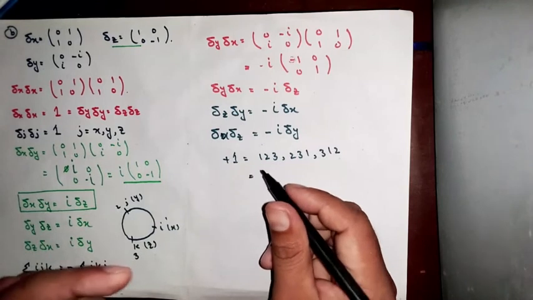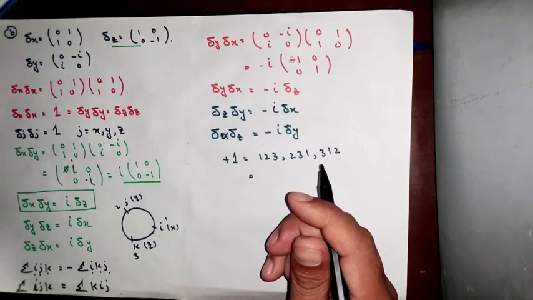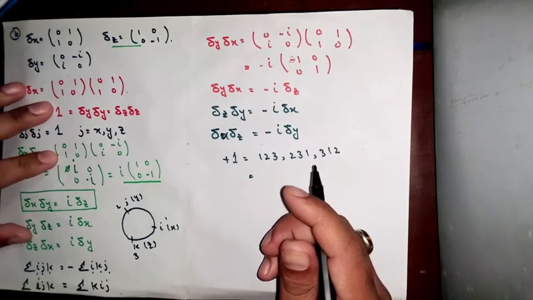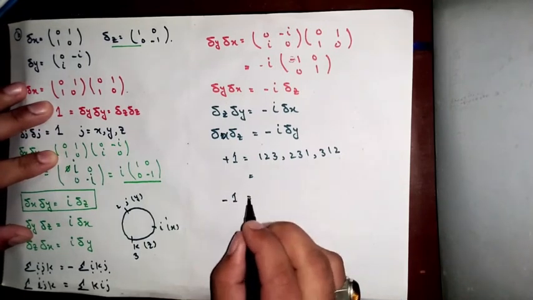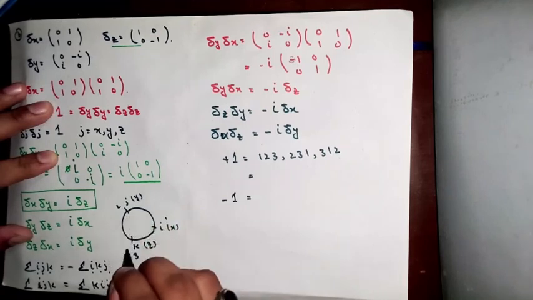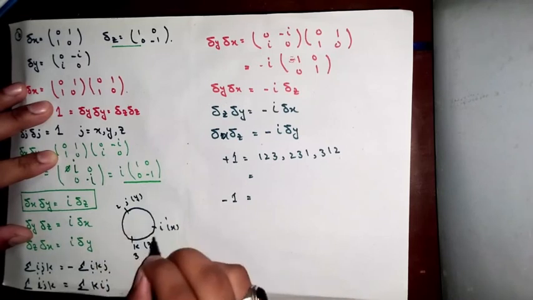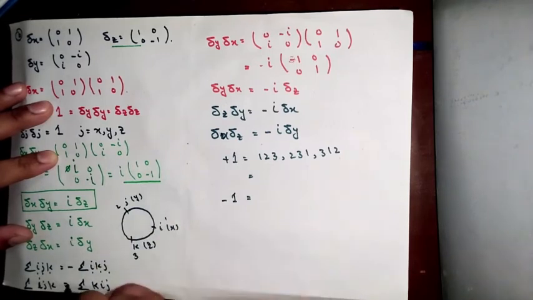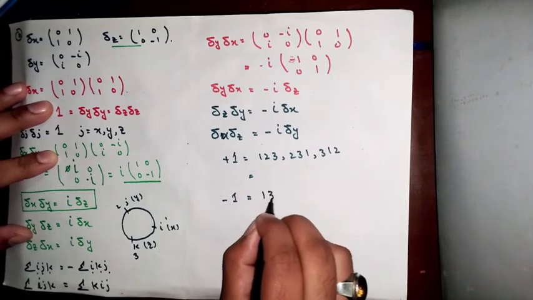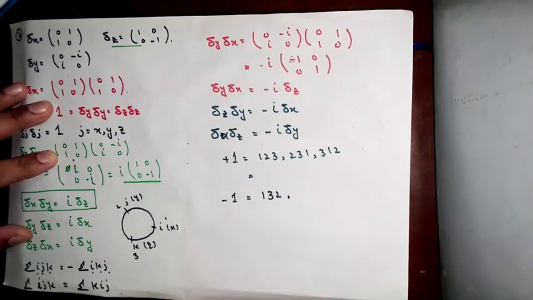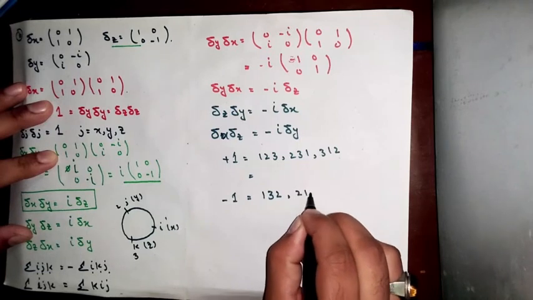And if I change the places, not the order, only the places are changed, I will get minus 1. So here is i, j, k, and now k, j, i are the values, so we get 3, 2, 1 here, and similarly 1, 3, 2 here, 2, 1, 3 here.